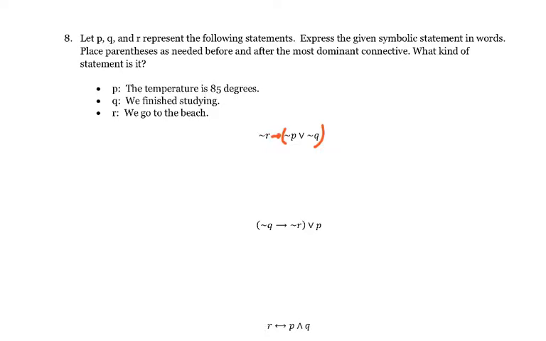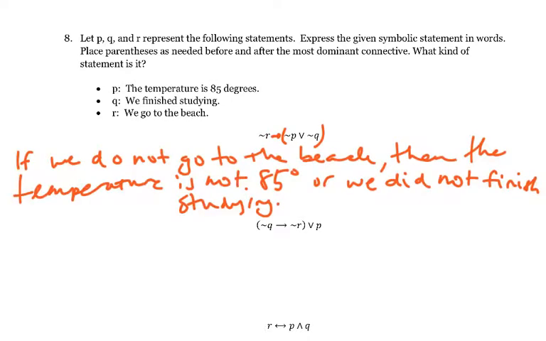If we do not go to the beach, then the temperature is not 85 degrees or we do not finish studying. So you can see that this statement is a conditional statement. Okay, the next one.